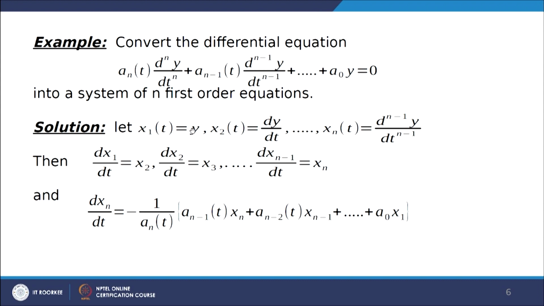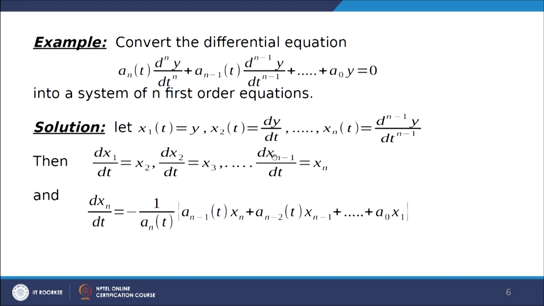Then dx1 by dt is dy by dt. So, dx1 by dt is x2, dx2 by dt is x3, and dxn minus 1 by dt is equal to xn, because xn minus 1 is the n minus 2th derivative of y with respect to t.